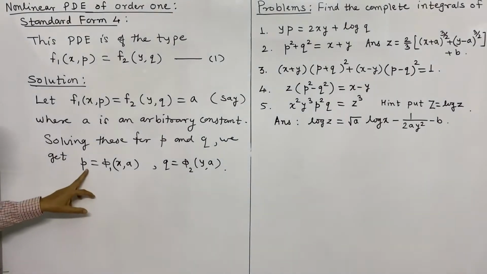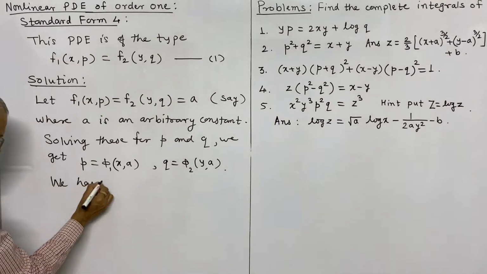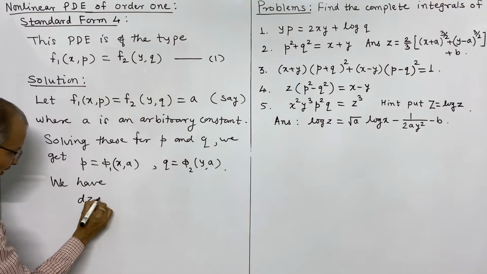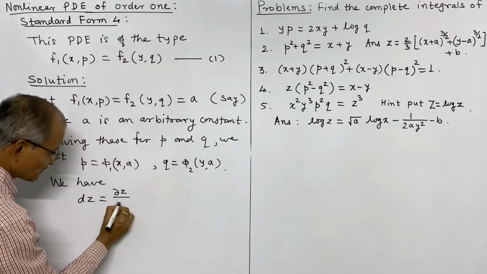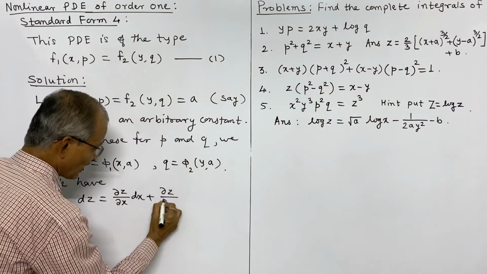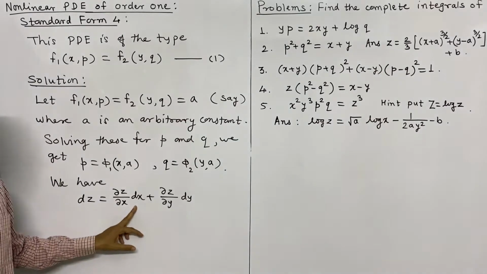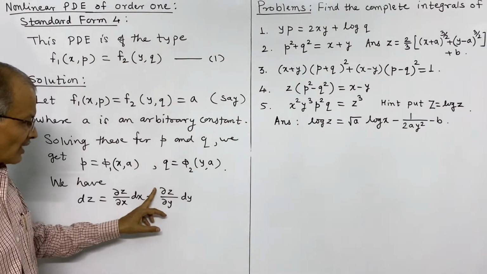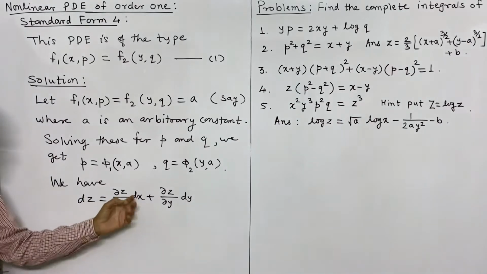Now after getting p and q, we have dz by total differential. dz is dou z by dou x into dx plus dou z by dou y into dy. Partial derivative of z with respect to x into differential of x plus partial derivative of z with respect to y into differential of y, because z is a function of x and y.